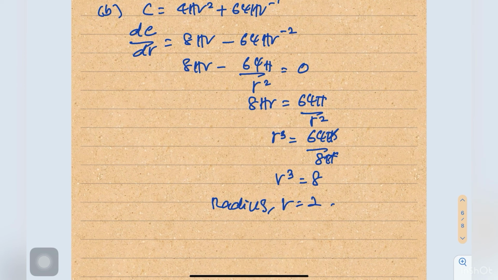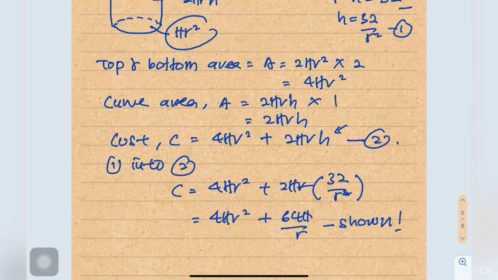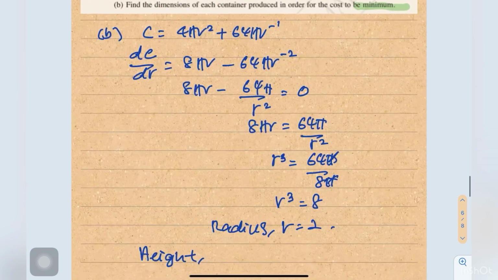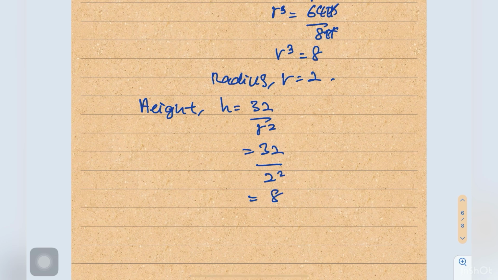Okay, so the height, previously, h equals 32 over r squared. So 32 over 2 squared equals 8. Okay, so the height is 8.